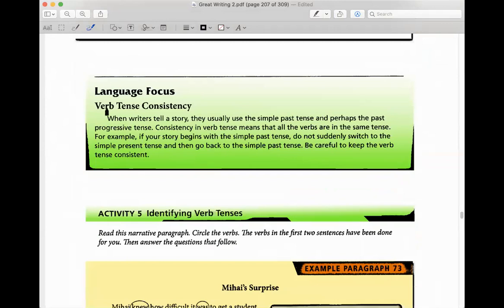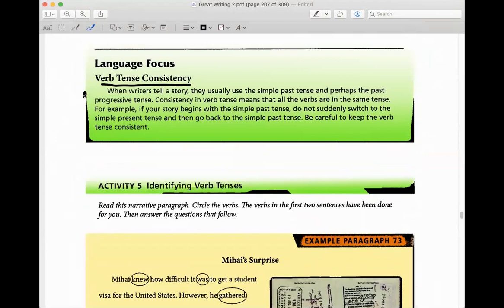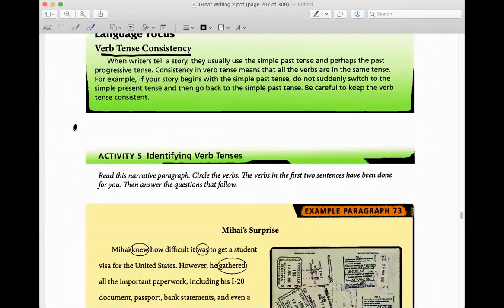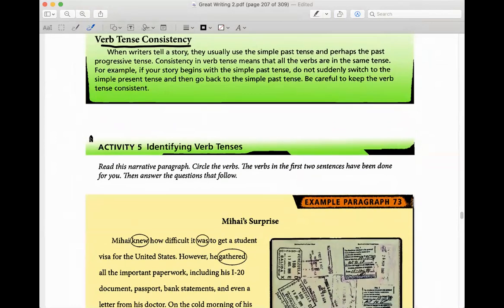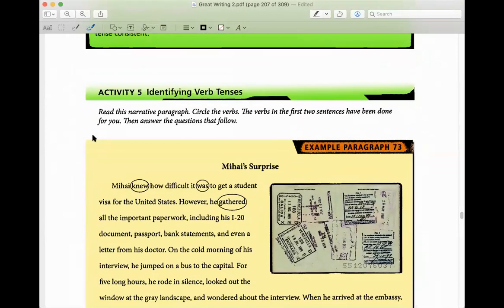All right, language focus and verb tense consistency. This means using the same verb tense throughout your paragraph. You don't want to be moving back and forth like present tense, past tense, present tense, past tense, etc. So this is a narrative paragraph talking about an experience you had.